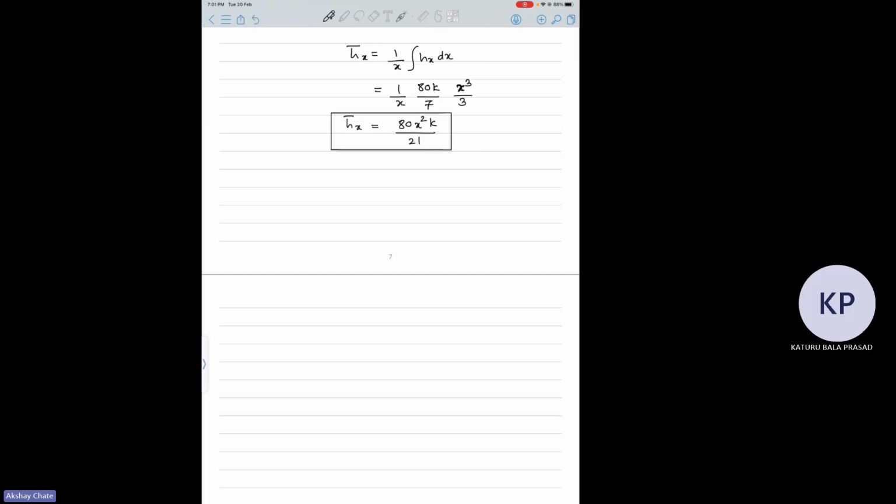Now let me see if we can take another type of problem. I don't want to take the boundary layer related or scaling related problems this time. We'll do that next time. So let me just see if I can find some problems.